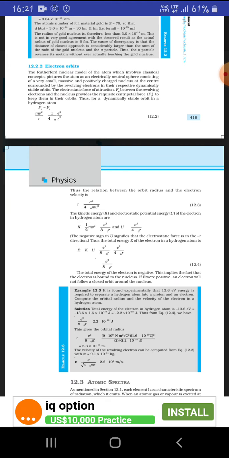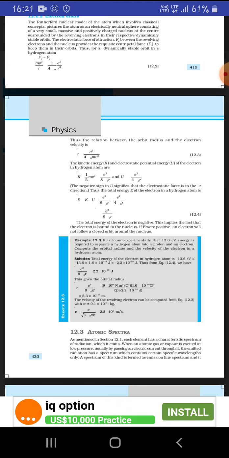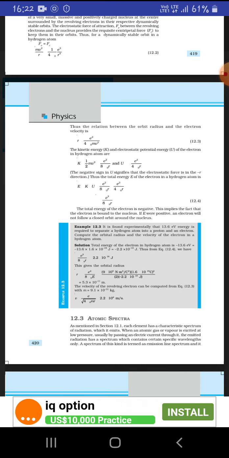The electrostatic potential energy, which you learnt in your electrostatics chapter, we call it U. The kinetic energy K is 1 by 2 mv squared, and this is the electrostatic potential energy formula. Next, e squared by 8 pi epsilon naught r is K, and U is minus e squared by 4 pi epsilon naught r. The negative sign of U signifies the electrostatic force.